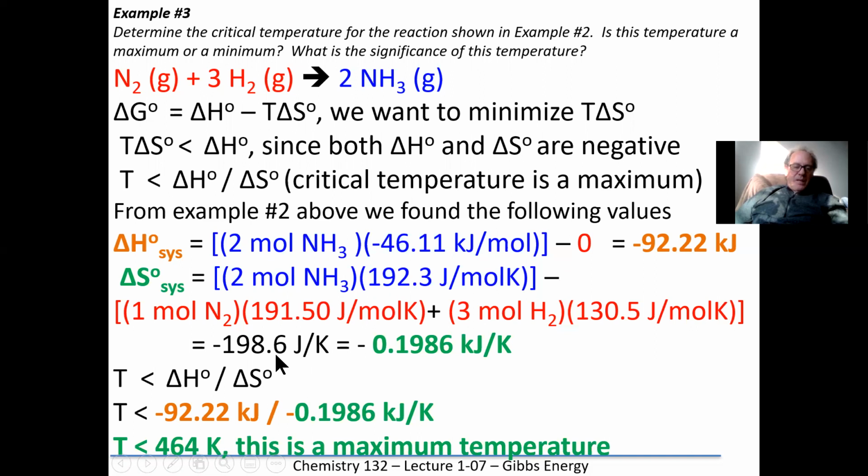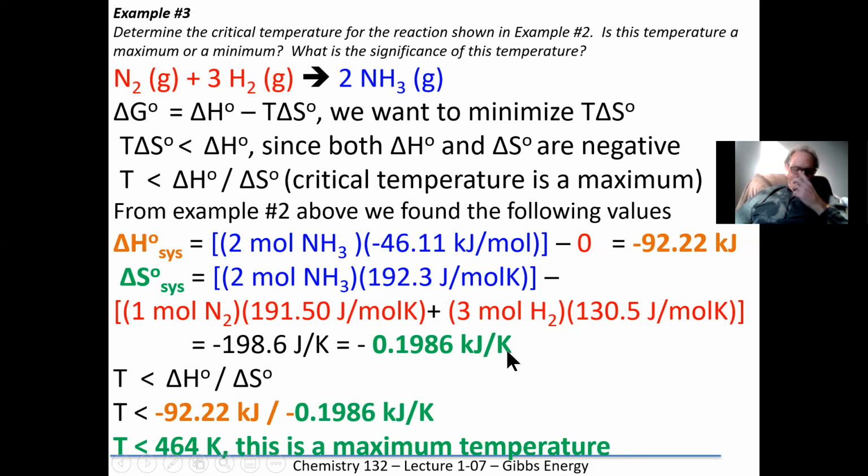In this case, it's because you forgot to change the unit for entropy from joules per Kelvin to kilojoules per Kelvin. Now, you could have done the same thing by changing the kilojoules or the enthalpy value for the system into joules. It doesn't really matter as long as they are both in kilojoules or both in joules. And remember, the unit for entropy is always energy divided by temperature.